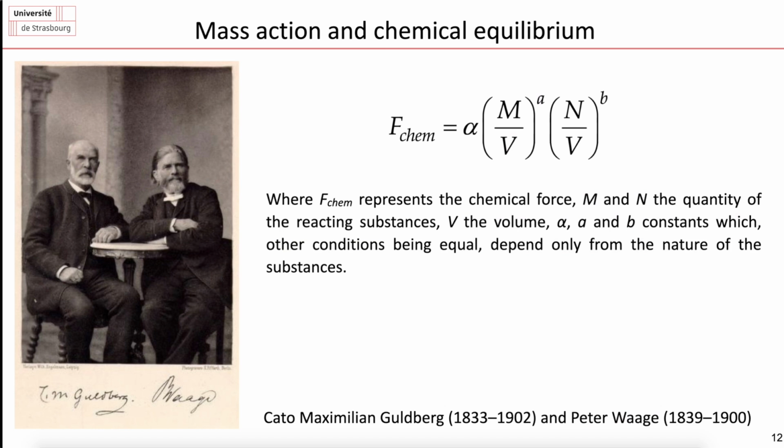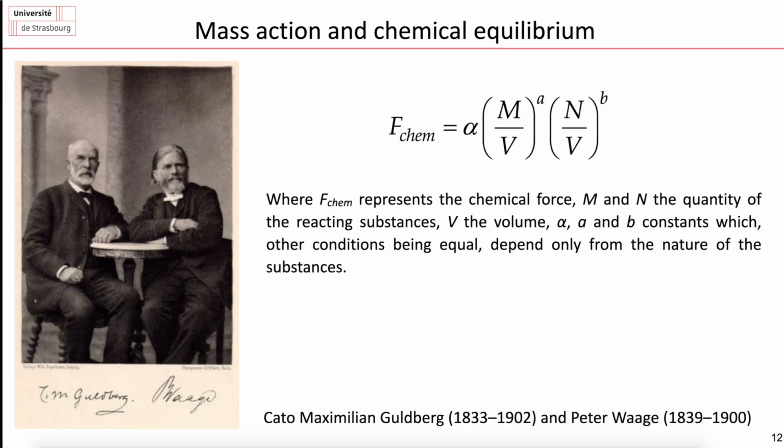So two Norwegian professors that I want to highlight are Cato Maximilian Guldberg and Peter Waage, who are shown here in the same picture. Actually, they were also brothers-in-law, and they were one of the first to come up with a formula for the definition of mass action and volume.